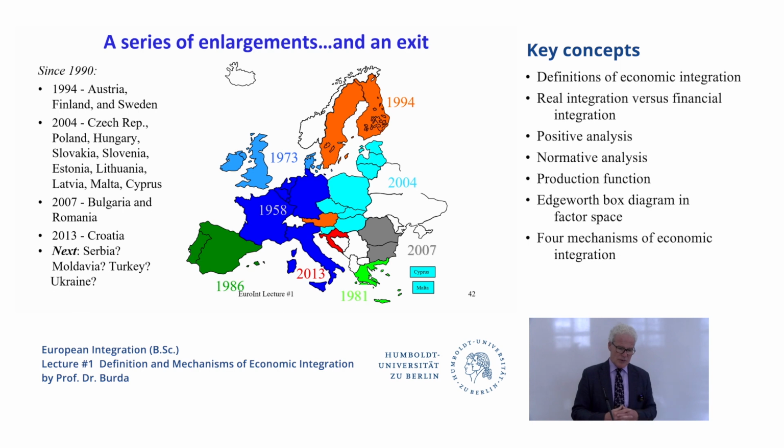The accession occurs, but the process of adjustment already occurs 6 or even 10 years before, depending on how long it takes to get in. Okay, so you can see the European accession. All these colored countries have joined in some sense, and of course, one did not stay, and that's what I'm going to get to later on in this course.